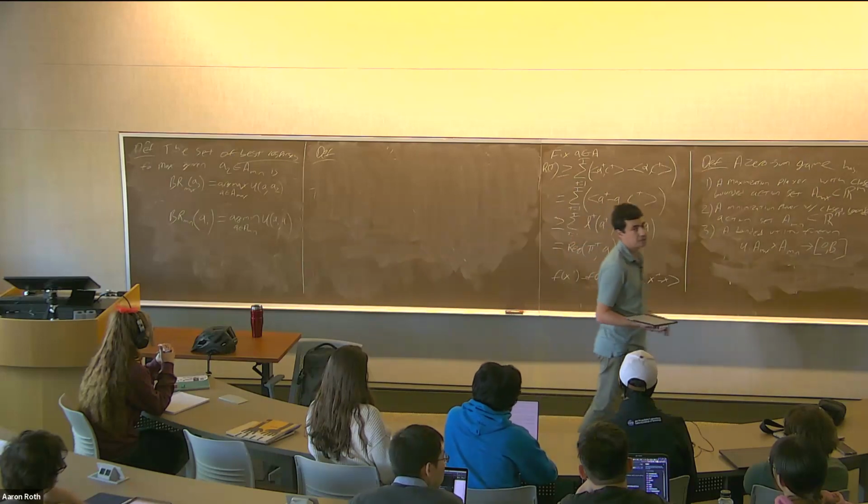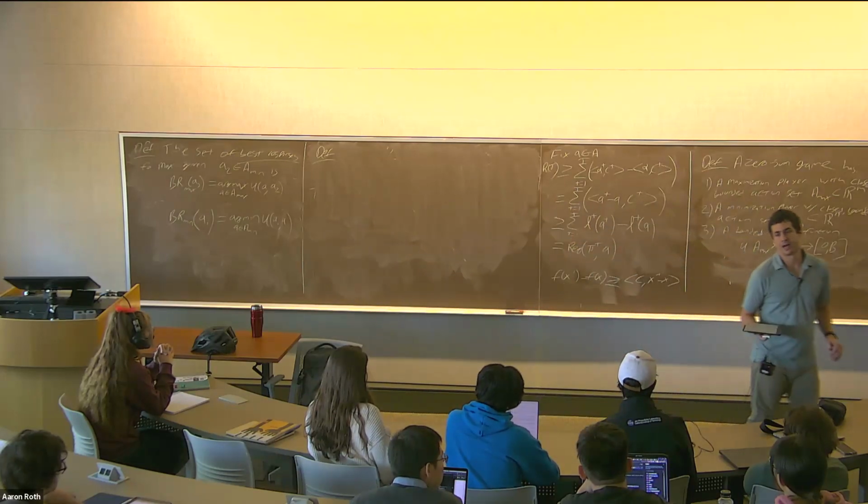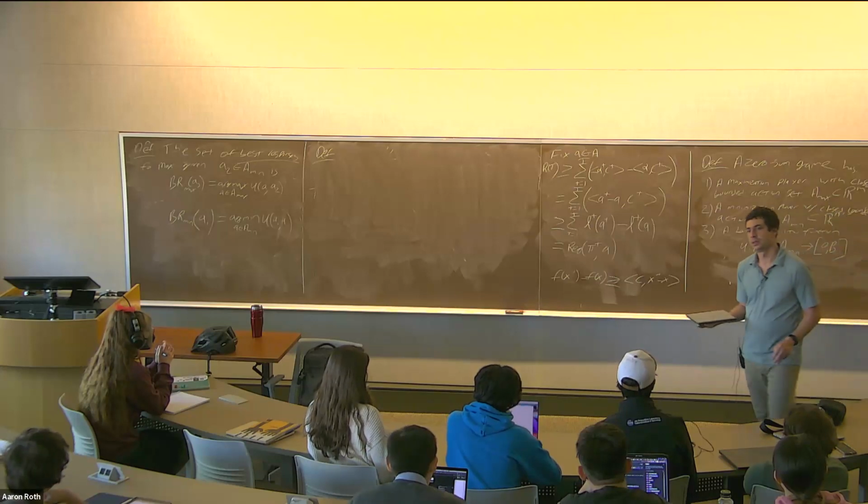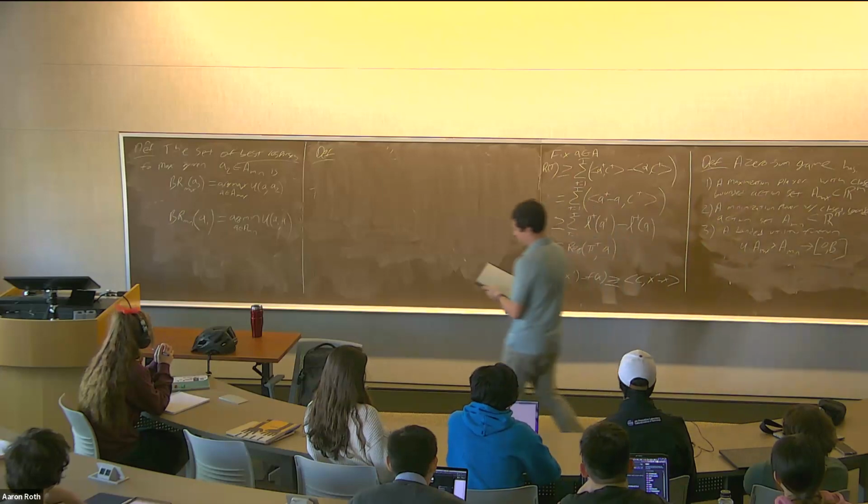It is still regret to a single action. Is there any other action you could have played which would have given higher utility given what your opponent did? Let me write it down.